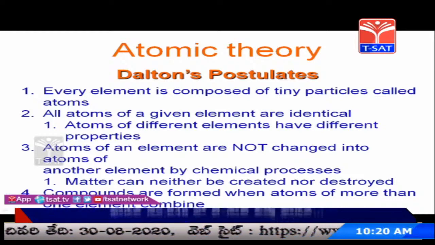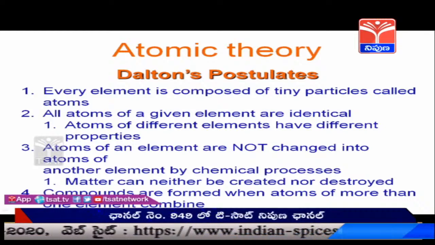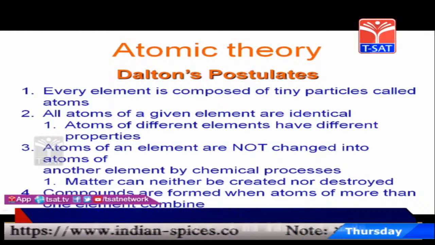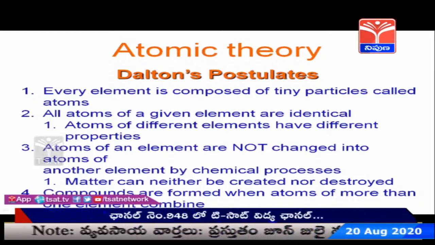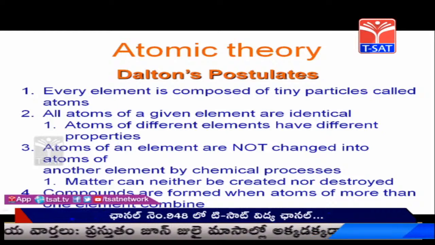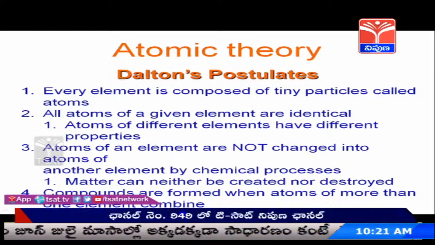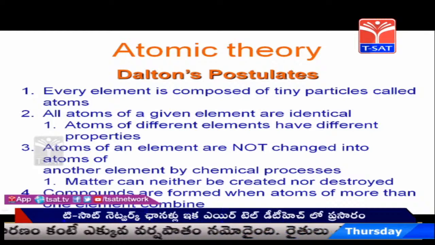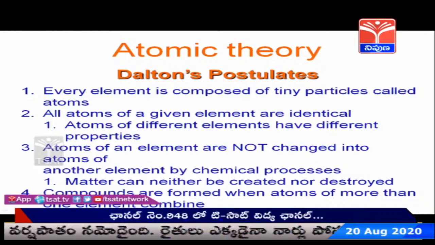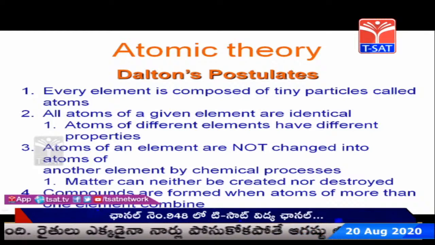All atoms of a given element are identical. Atoms of different elements have different properties. So, every element has unique and the same variety of particles, except isotopes. Let us discuss isotopes at the end of this session.